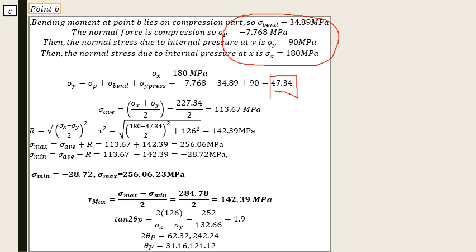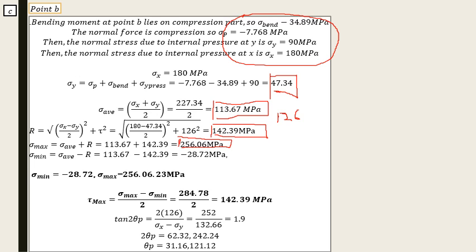And we need to determine the sigma average and R. This is the same equation, but the tau is 126, which is different from point A. For sigma max equal to sigma average plus R, we got this.